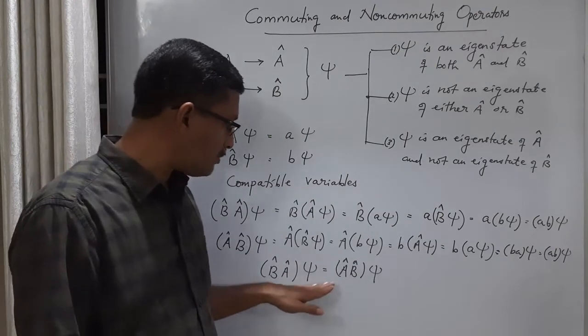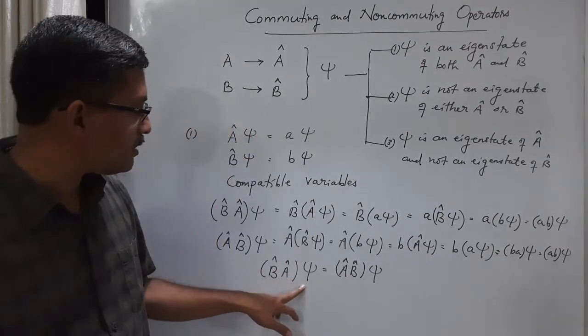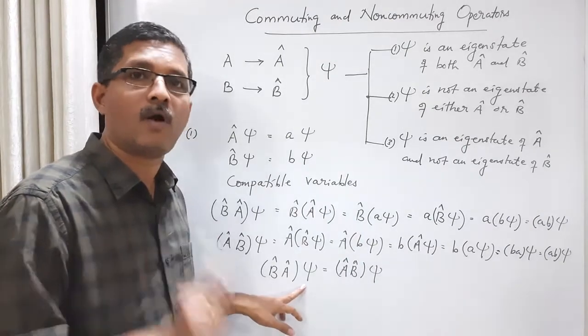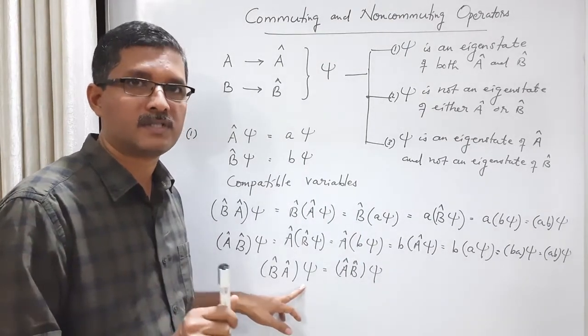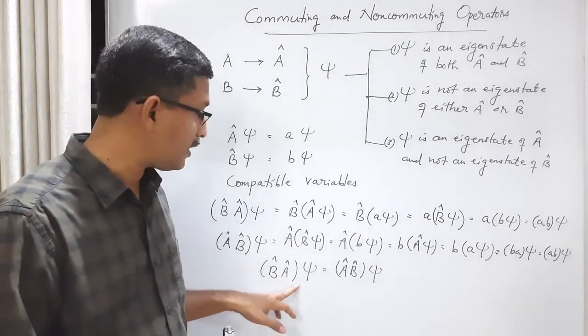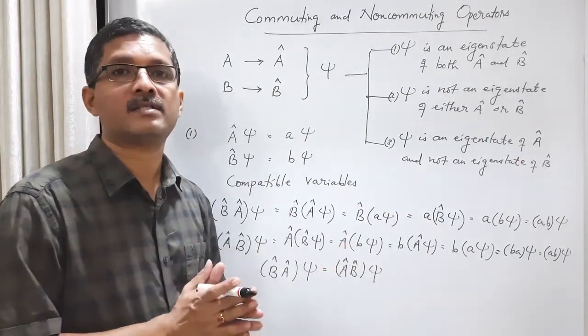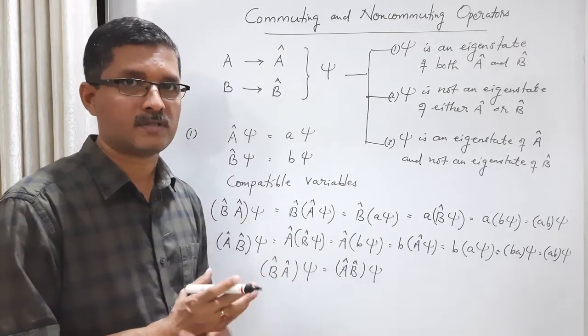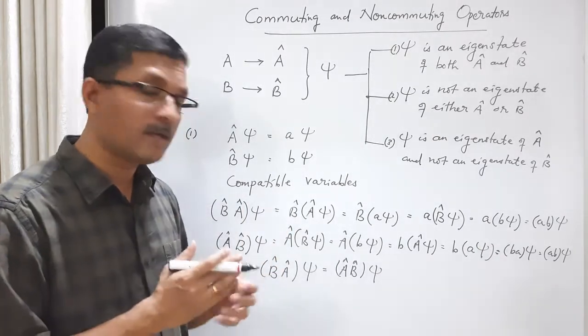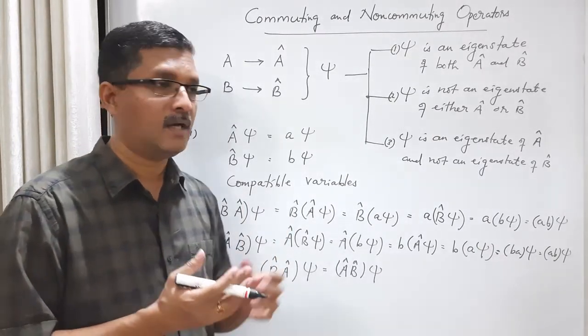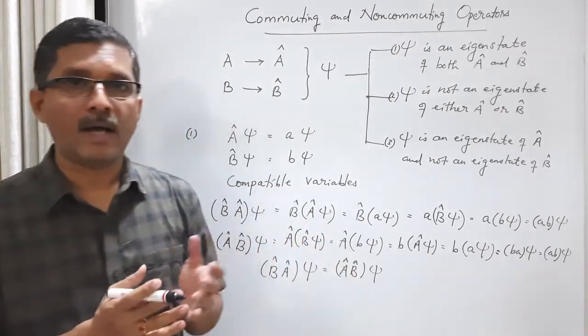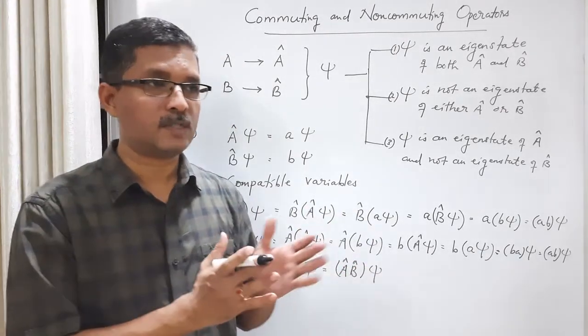Sometimes it is possible that this is true not only for one particular eigenstate of A and B, but for a complete set of eigenstates of A and B for the system. What do I mean by complete set of eigenstates? I am not going into the details here of what is meant by completeness.